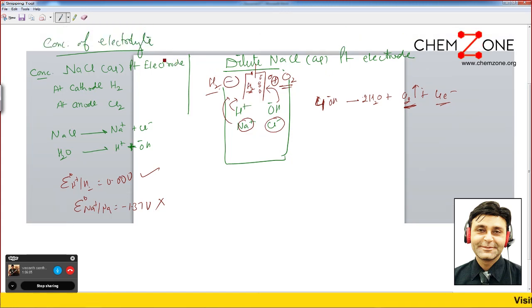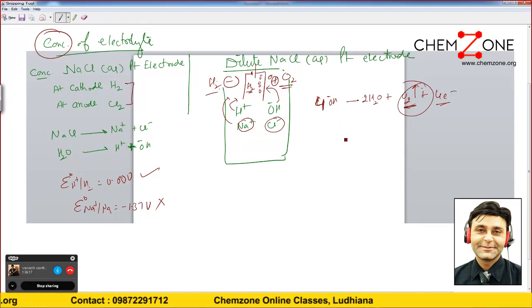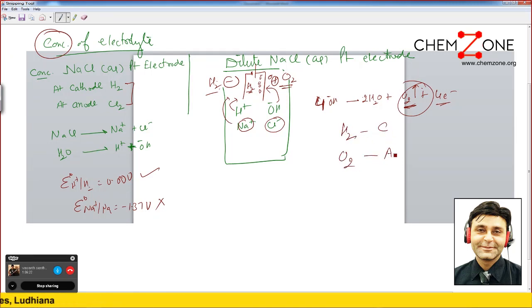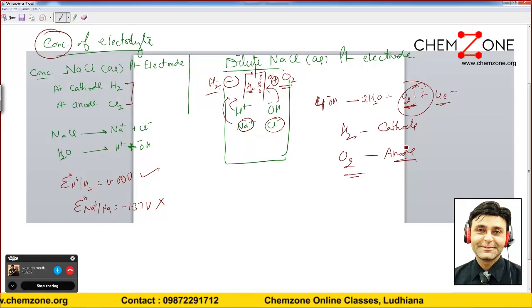Right. So this is the effect of concentration. In dilute we get here hydrogen and chlorine, whereas in case of concentrated we get the hydrogen and oxygen. At cathode it is the hydrogen and at anode it is the oxygen. Difference is there. It means if we change the concentration, we get different products.